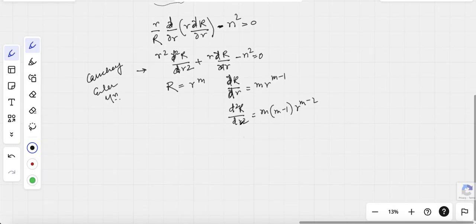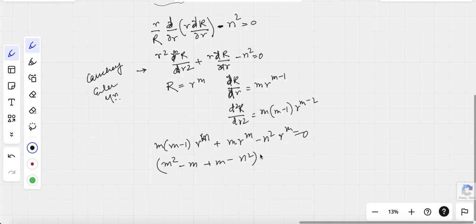Now if we substitute this over here, we get m minus 1 r to the power of m plus m r to the power of m minus n square r to the power of m equals 0, m square minus m plus m minus n square is 0.